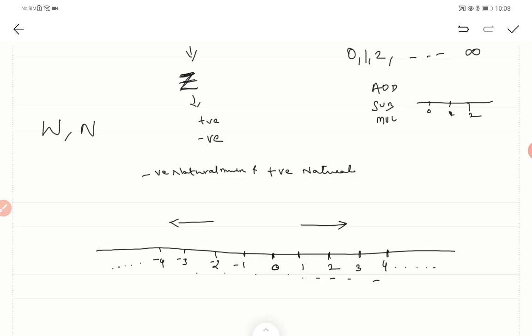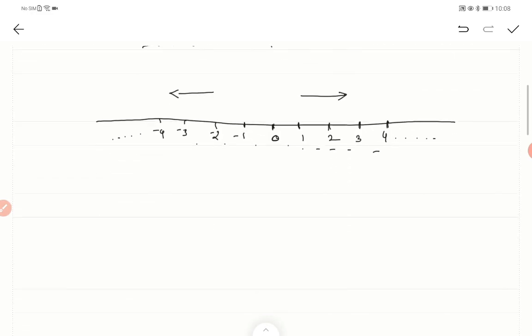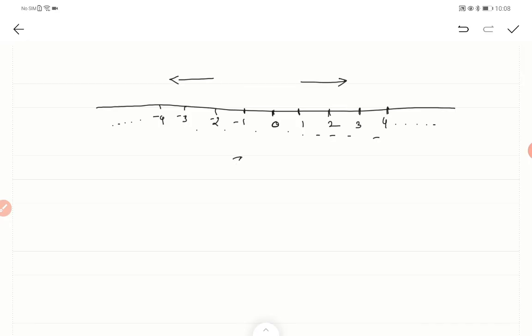We had seen the number line for whole numbers, isn't it? This is for your integers. Whole numbers, how we had drawn, it starts from 0, and we plotted the numbers with equal distance, 1, 2, 3, 4, and so on. And you need to represent this with an arrow mark so that it shows that numbers are infinite.